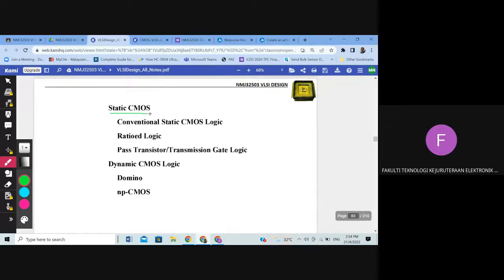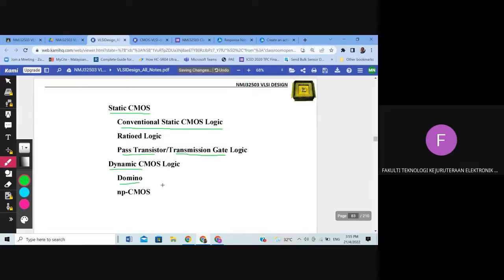Static CMOS is like your conventional static CMOS logic gates. The pass transistor and transmission gate logic that we discussed just now also fall under static CMOS. For dynamic logic, domino logic is an example.